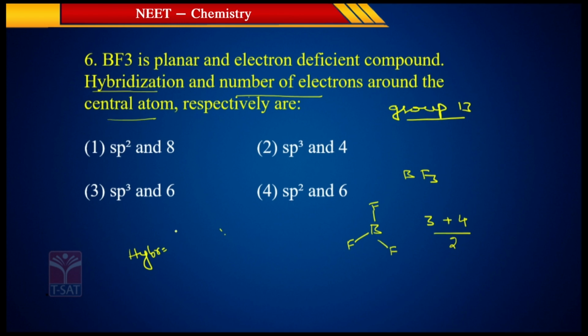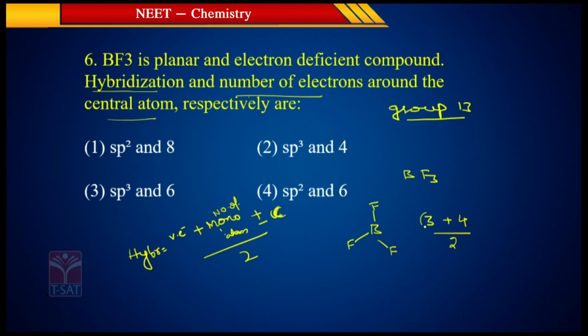I am writing it here: number of valence electrons plus number of monovalent atoms, plus or minus charge. If you have a positive charge on the molecule, you have to add it. If you have a negative charge, you subtract it, all divided by 2.